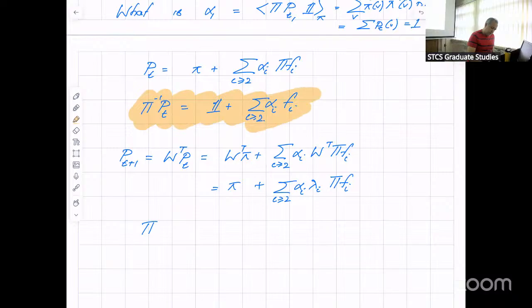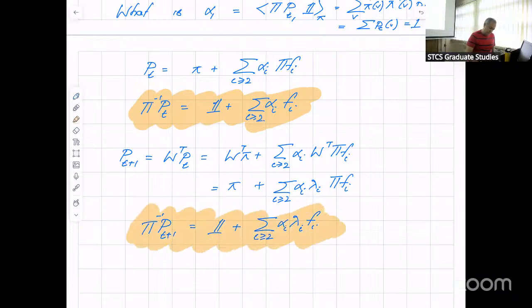All I want to claim is what we got for pi inverse P^t. For pi inverse P^(t+1), we have a very similar thing: 1 plus summation, i greater than or equal to 2, alpha i lambda i f_i. So we can immediately make some conclusions. What we cared about was pi inverse P^t minus 1's 2 norm.